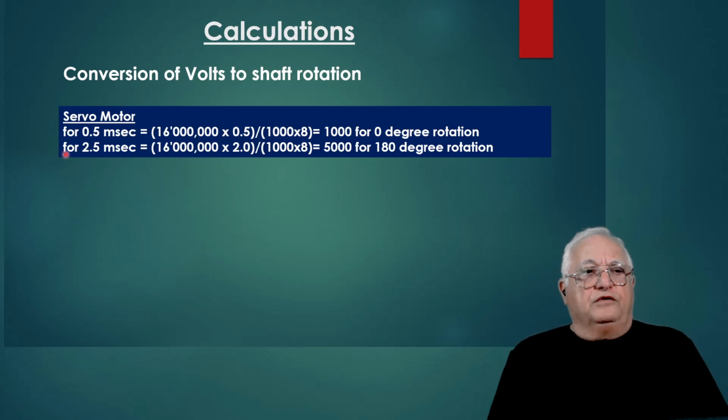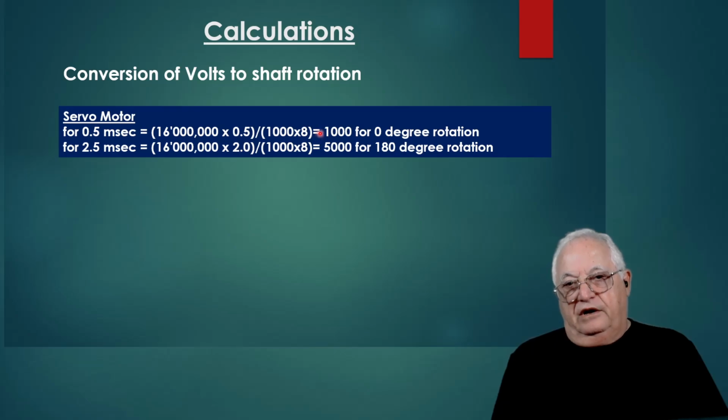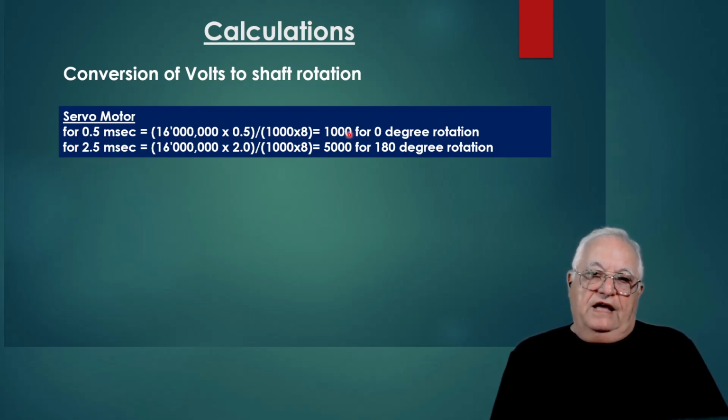Now, for 2 milliseconds, which is 5000 ticks, the servo motor moves to 180-degree rotation. So if I put a pulse width modulation at 50 hertz, 20 milliseconds duration, and it's 1000 ticks high, then the servo motor goes to 0 degrees.